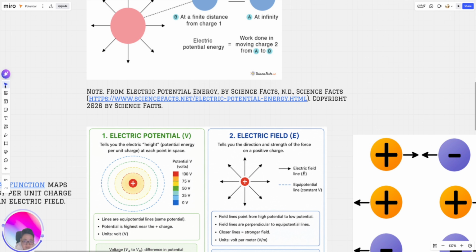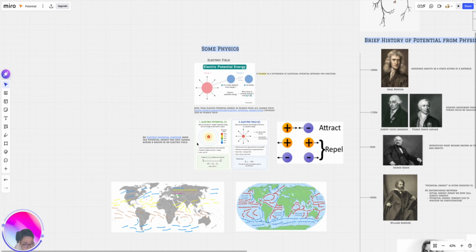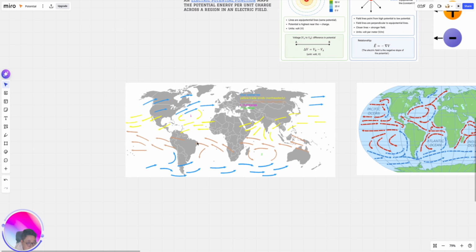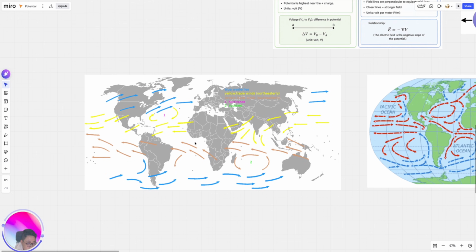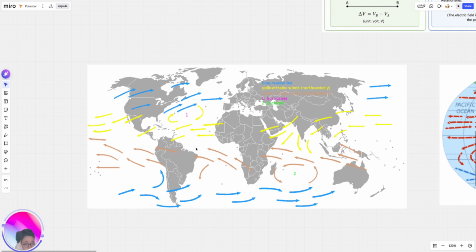And I think it's better to simply understand it similar to a wind map, right? So if you love geography, basically the wind flows from high pressure to low pressure, and that gives us this beautiful map of where the wind is going.